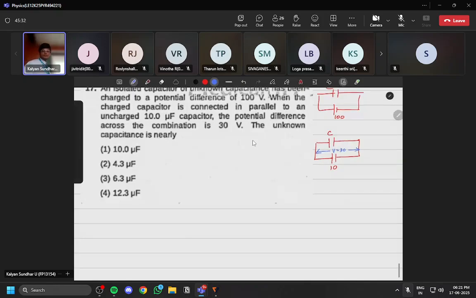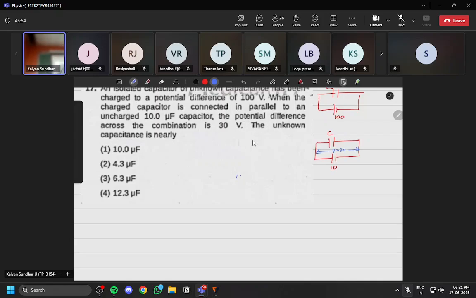So now what shall I do here? Finally, the net charge Q will be equal to... initially, there is only one charge, of how much? 100 into C. Correct? This is the initial value.